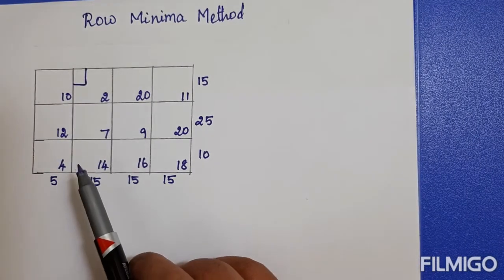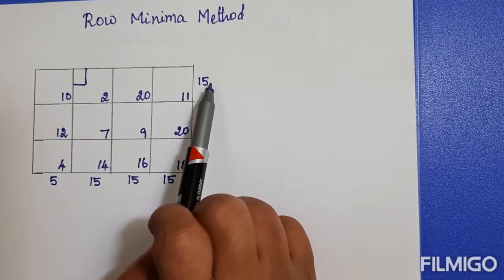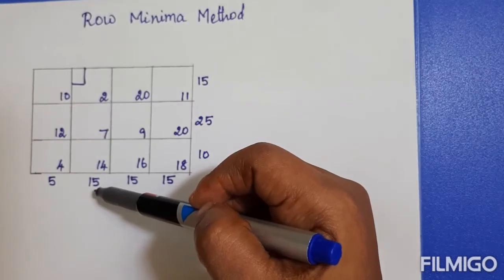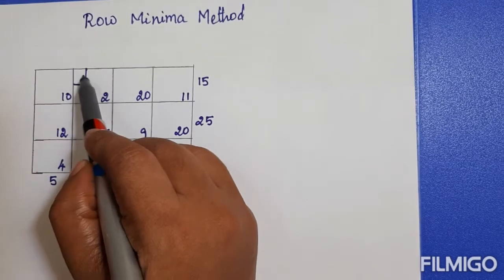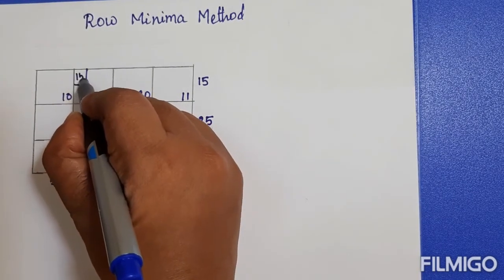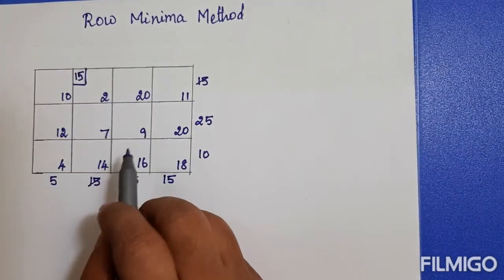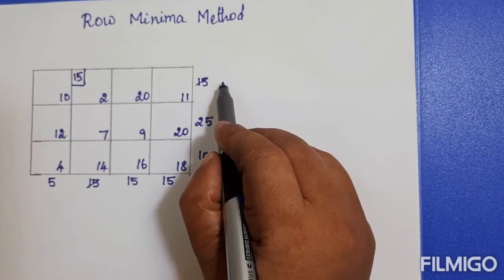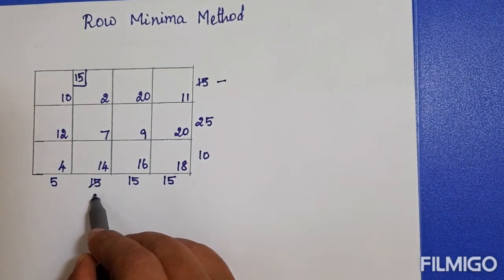Now we have to find out the allocation. The supply for this cell is 15. The demand for this cell is also 15. We have to allocate the minimum among these. Minimum among 15 and 15 is 15. So cross out this and cross out this. Here we make one as a dash and the other one as 0.